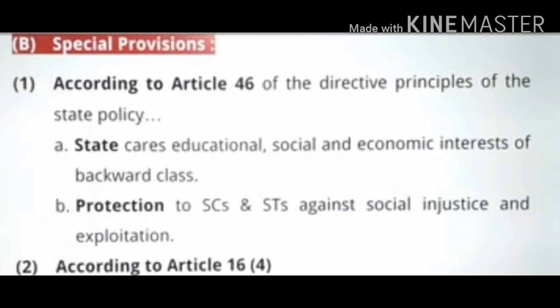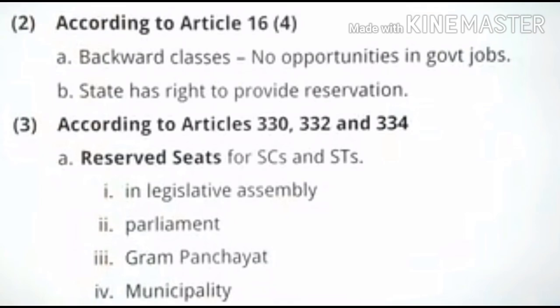Second is according to Article 16(4). If the state government feels that the backward classes are not represented proportionately in government jobs, the state government will have the right to provide reservation in jobs and appointments. So I mentioned this so that you can remember: backward classes, no opportunity in government jobs, then this provision is applicable.